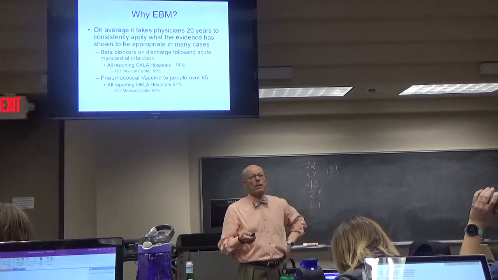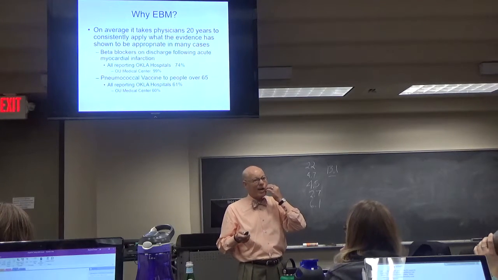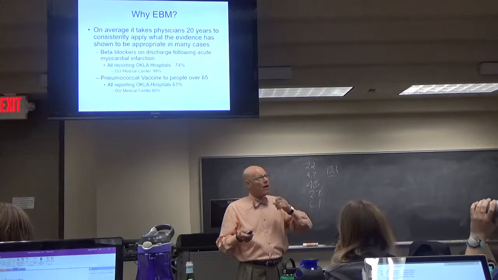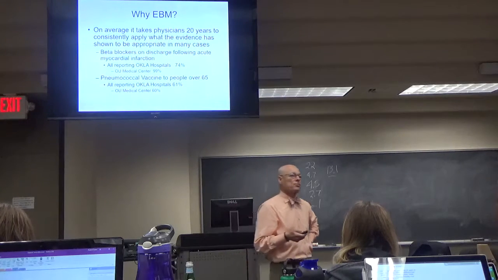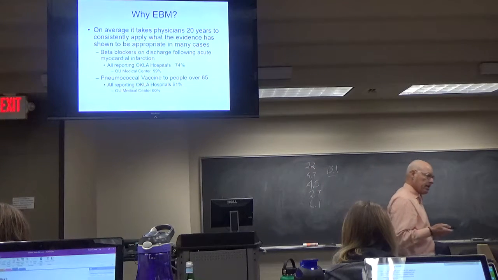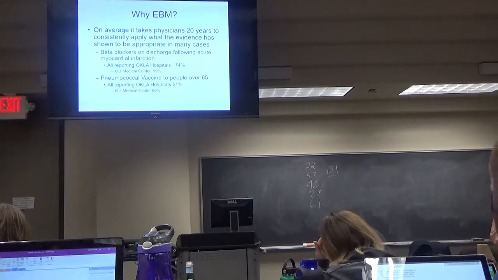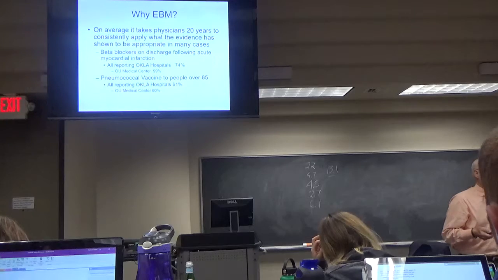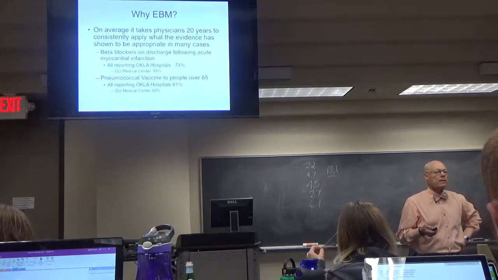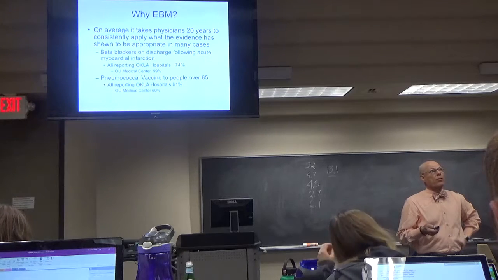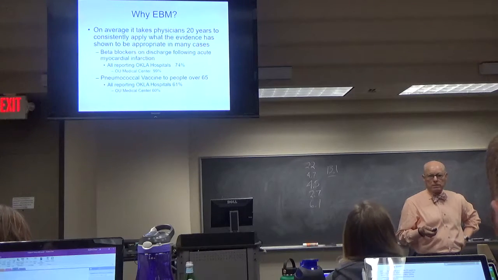And we were hired to do this by Medicare. All hospitals reporting in Oklahoma, 74% of the patients had been discharged on a beta blocker. This was at least 20 years after the data came out that you need to discharge someone with an MI on a beta blocker. At OU Medical Center, it was 99%.